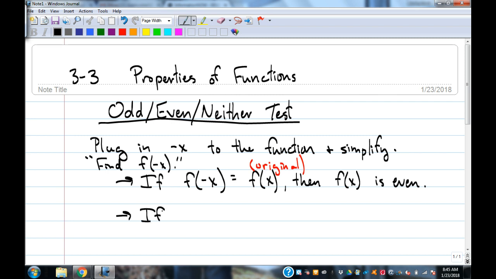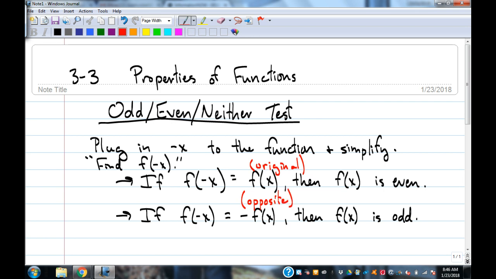If f of negative x turns into negative f of x, then f of x is odd. So what does that mean? Negative f of x means everybody is the opposite. Everything changes signs.